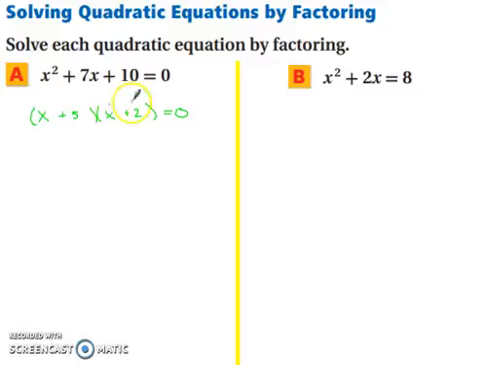And now this looks exactly like what we were doing in the past 4 examples. So we want to use our zero product property. So what does x have to be to make this first part 0? Well, in this case, it's got to be negative 5. And in this second piece here, x has to equal negative 2. So our zeros are negative 5 and negative 2.